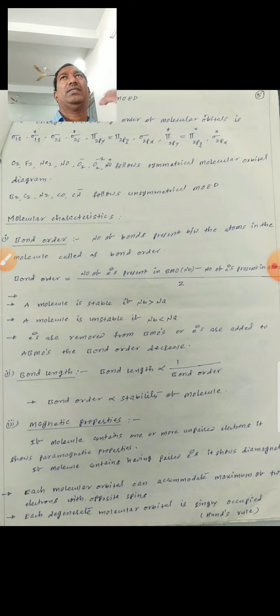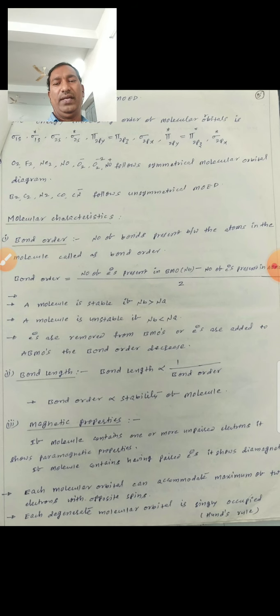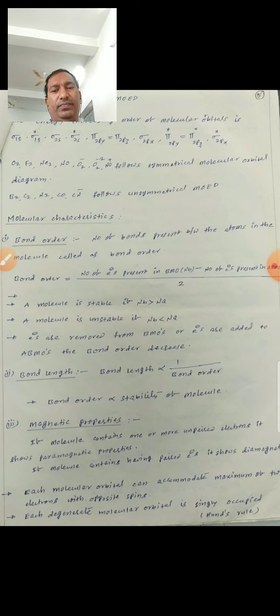If the highest energy molecular orbital contains unpaired electrons, the molecule is paramagnetic in nature. If the highest energy molecular orbital contains paired electrons, it shows diamagnetic nature.